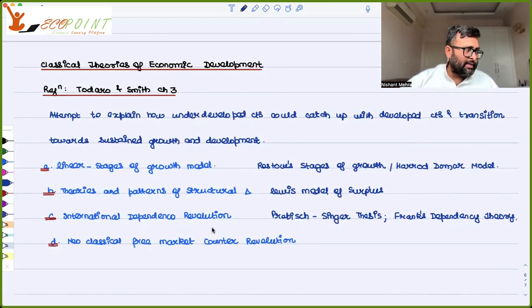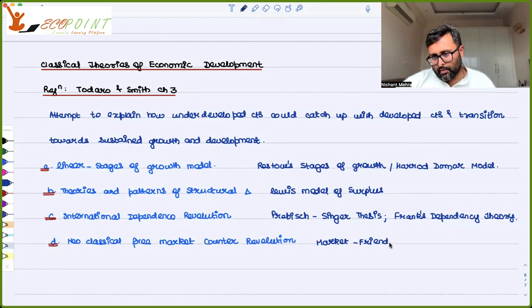And then you have the neoclassical free market counter revolution. So you have market friendly approach models given by the World Bank, and the Washington Consensus.